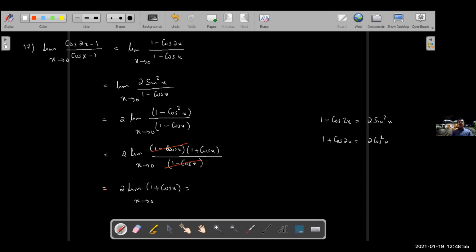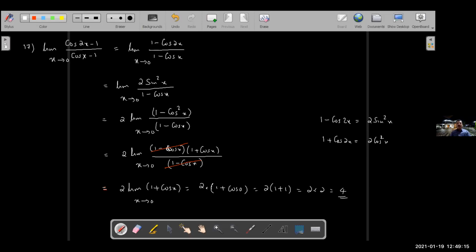Now this is 2 into, applying the limit, 1 plus cos 0. 1 plus cos 0 is 2. 2 into 2, 4 is the answer.